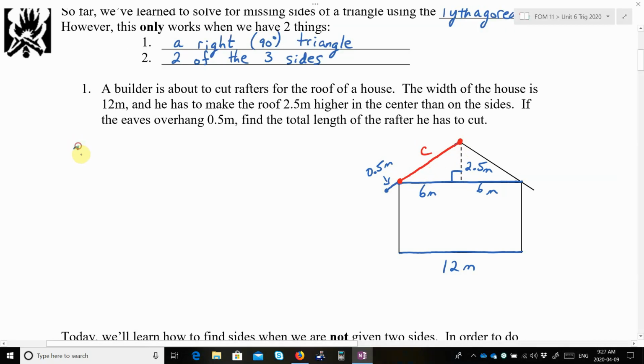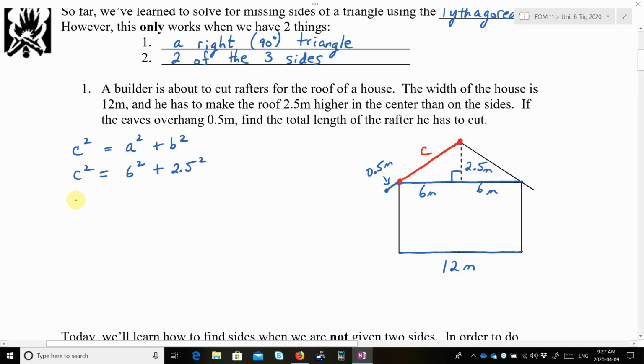Okay, so Pythagorean theorem says that c squared is equal to a squared plus b squared. Once we have c established, it doesn't matter which one you label a or b, so let's say that a is the 6, so we'd have 6 meters squared plus b is 2.5 squared.